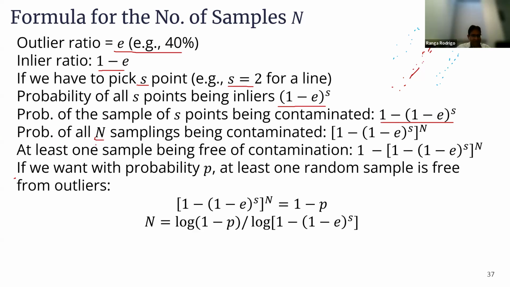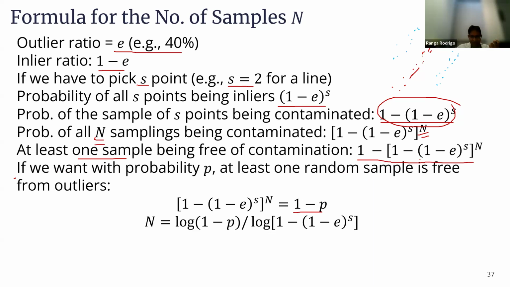So for that, we have to take this number and raise it to the power of N to consider that, right? Then at least one sample being free of contamination means you have to take the opposite of that. That means 1 minus this probability. So now you can see that should be p.